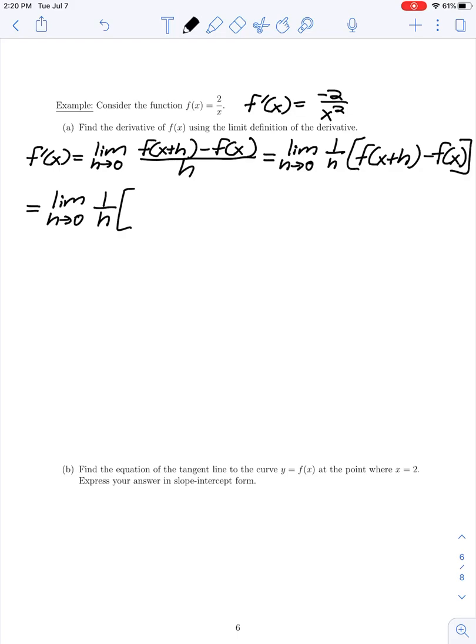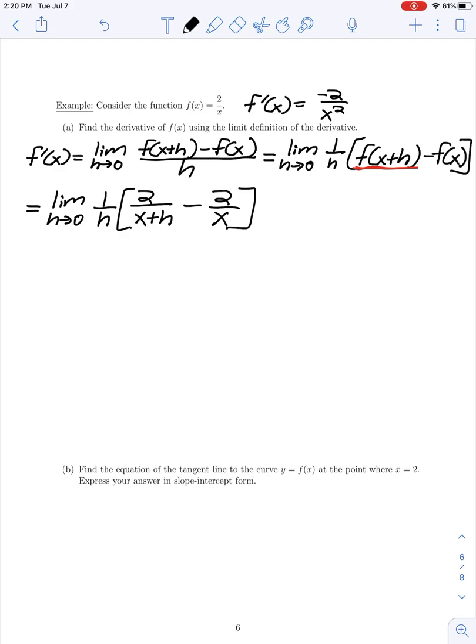So here we have the limit as h approaches 0 of 1 over h, and our f of x plus h is given by 2 over x plus h minus f of x, which is 2 over x.